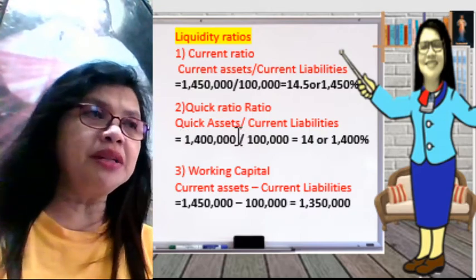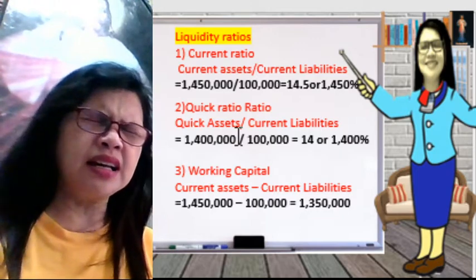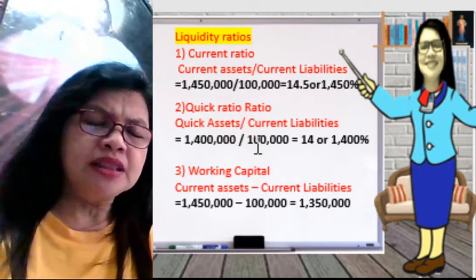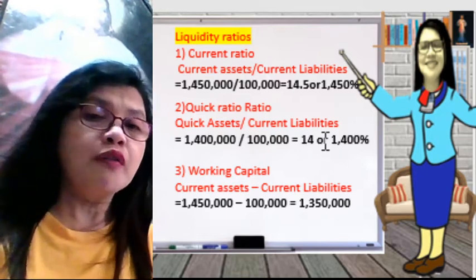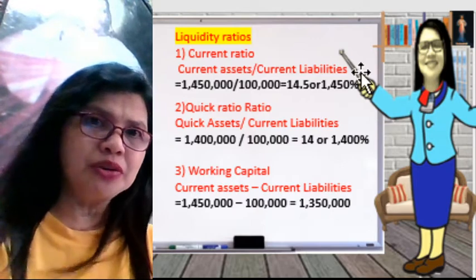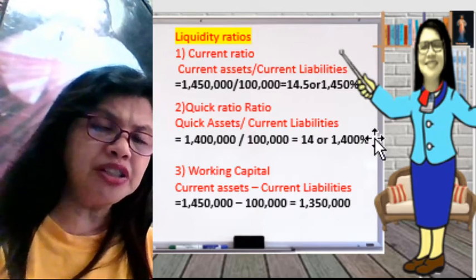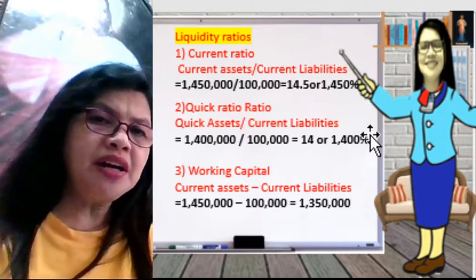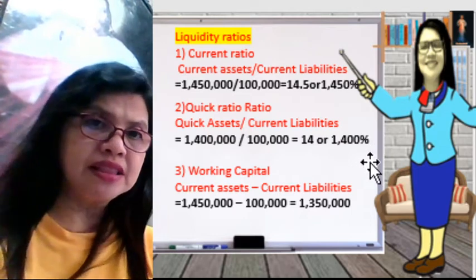It is normally the cash and the account receivable divided by your current liabilities of 100,000. So the answer is 14 or 1,400%. So if you will observe the answers from the current ratio to the quick ratio, there is a slight difference. Okay, we are testing how the company can pay its current liabilities.